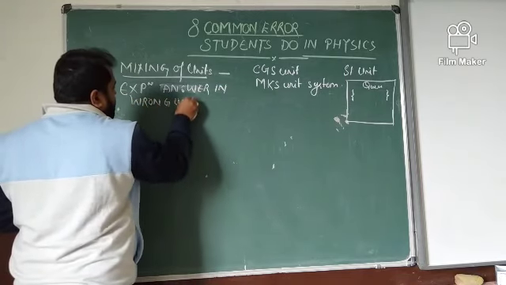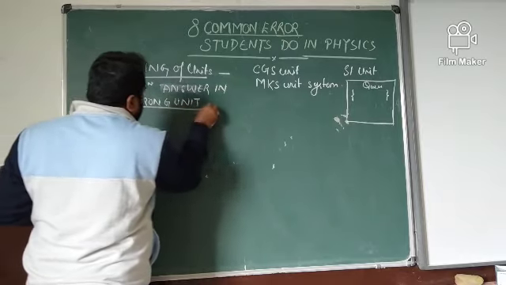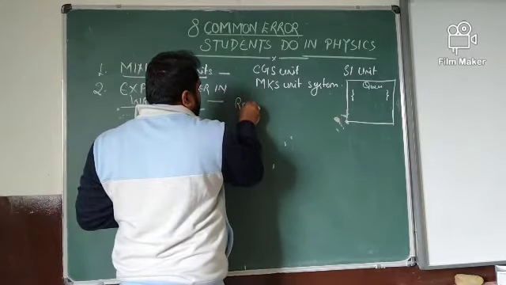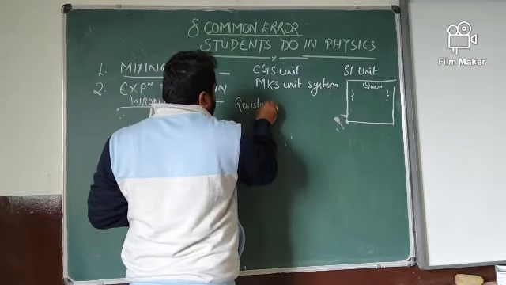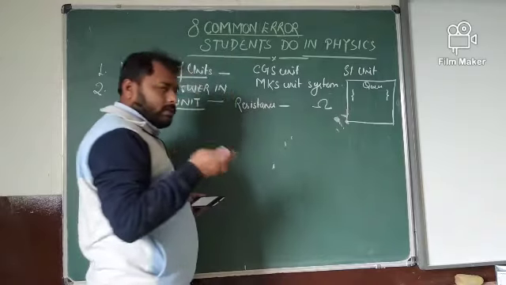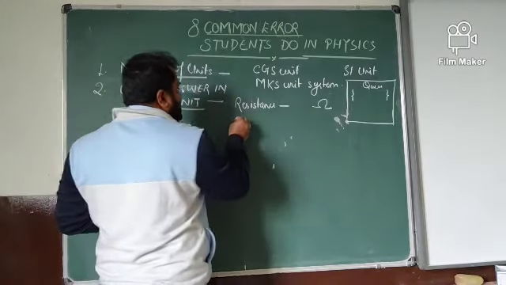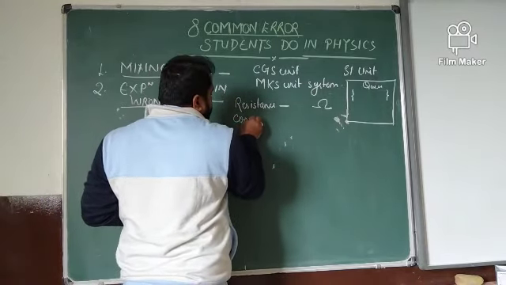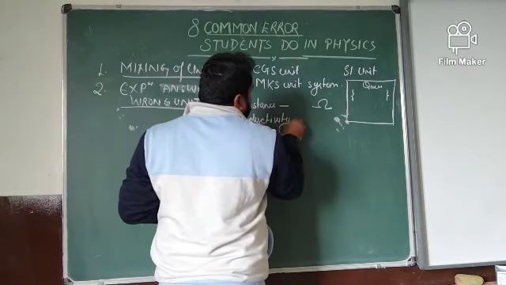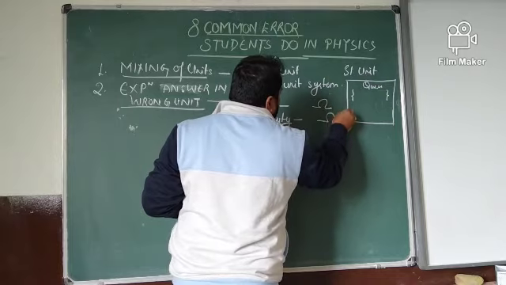What does it mean? If you are asked to find the resistance, the unit should be ohm. Got the point? But if you are asked about conductivity, the unit is nothing but ohm inverse.